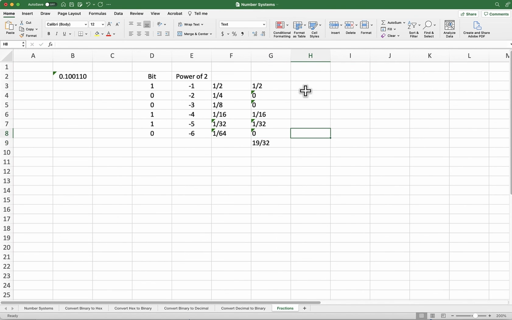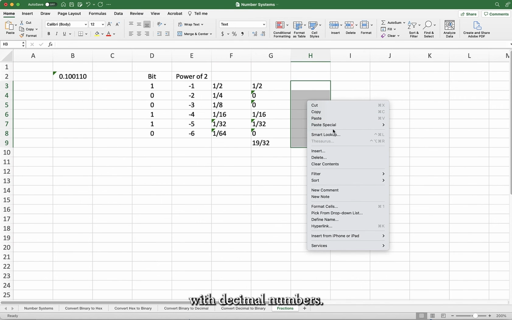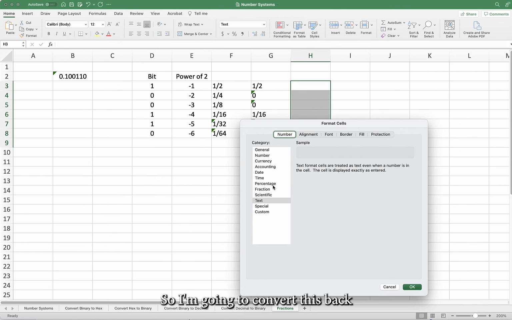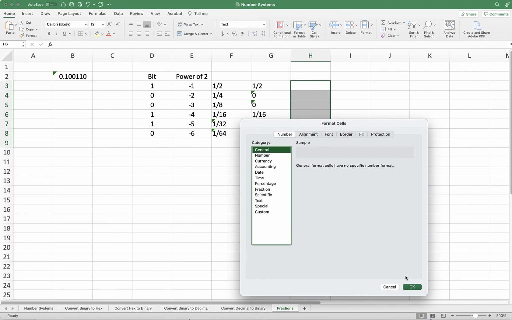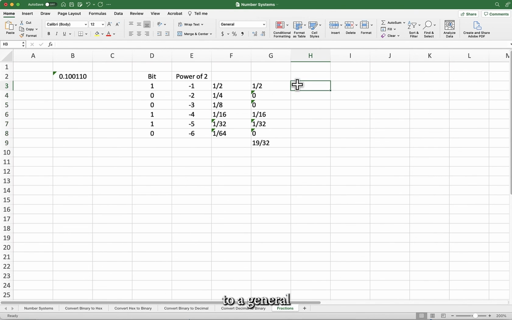But people these days do everything in numbers, and I mean decimal numbers. So I'm going to convert this back to a general, and I'm going to do the division.